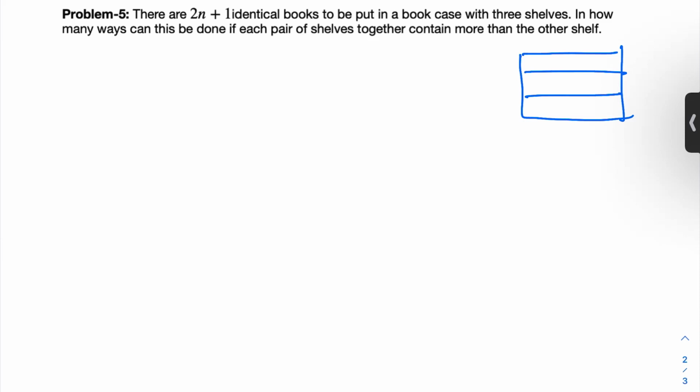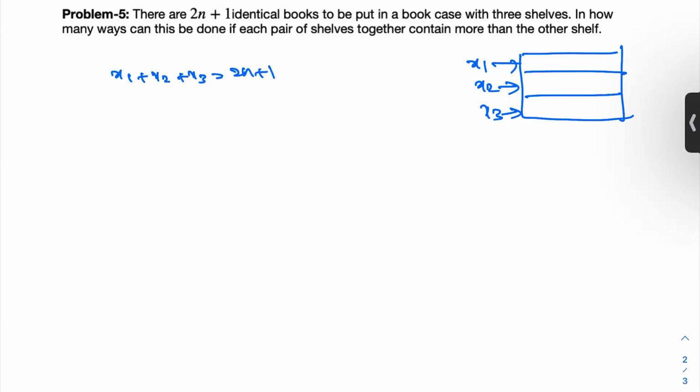Let x1 denote the number of books that are going to shelf 1, x2 denote the number of books that are going to shelf 2, x3 the number of books that are going to shelf 3. Here x1 plus x2 plus x3 should be equal to 2n plus 1.